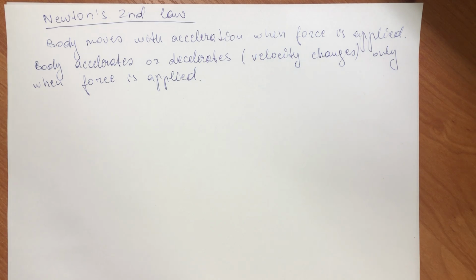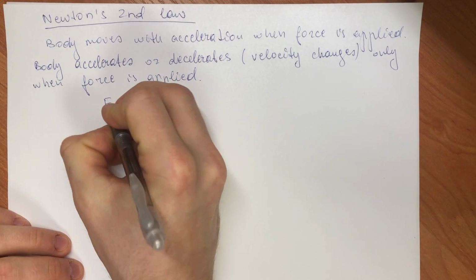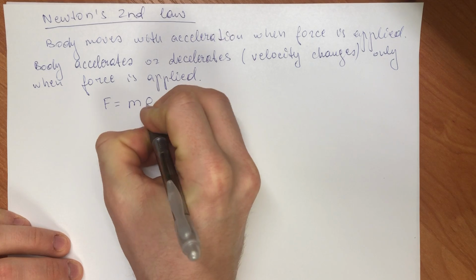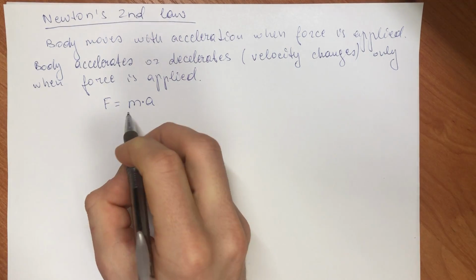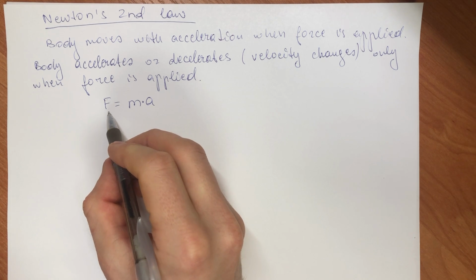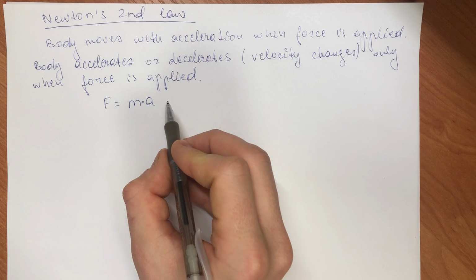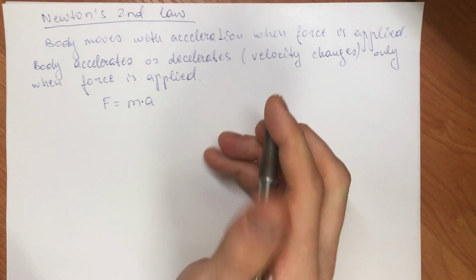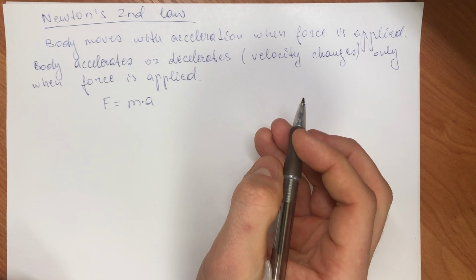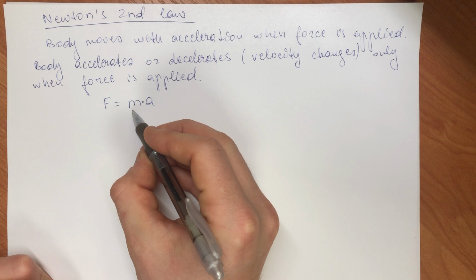And it can be written in the form of F is equal to ma. So when there is a force, there is acceleration, and mass defines the inertia.